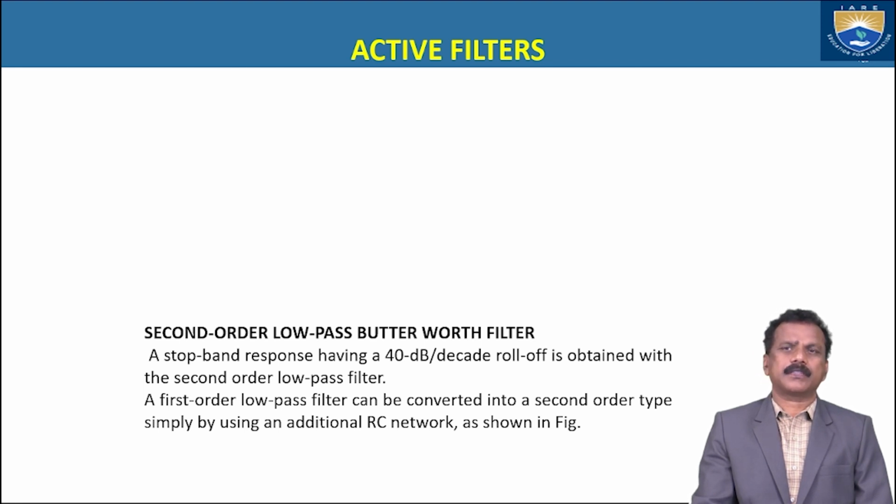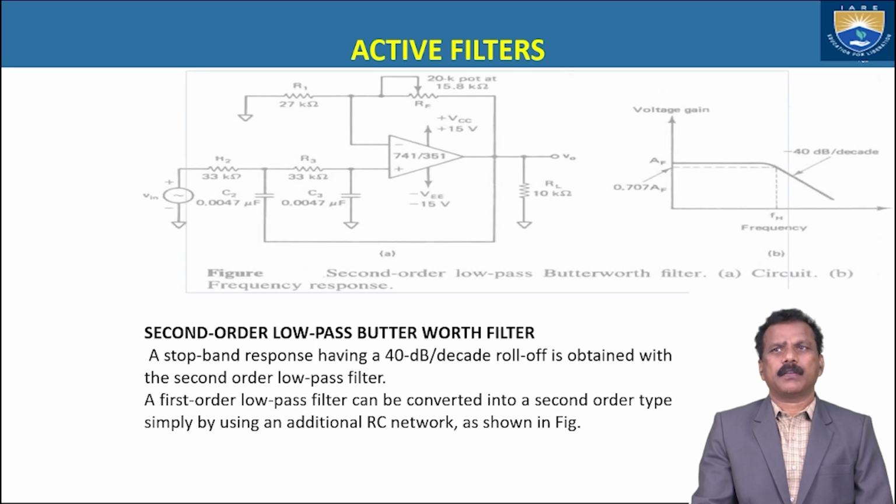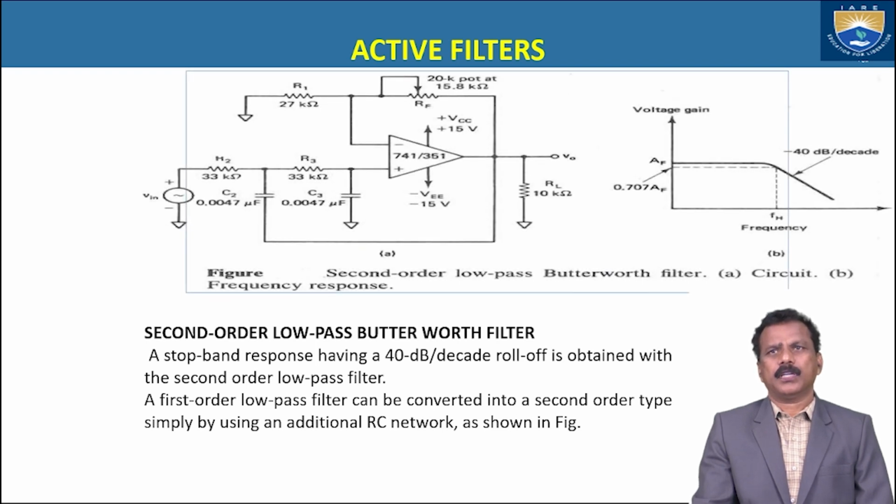Additionally, R and C are added, and this is the second order low pass Butterworth filter, with its frequency response of frequency versus voltage gain.